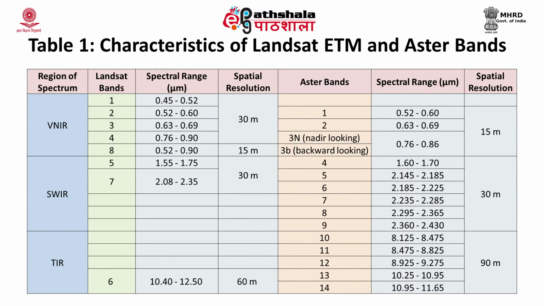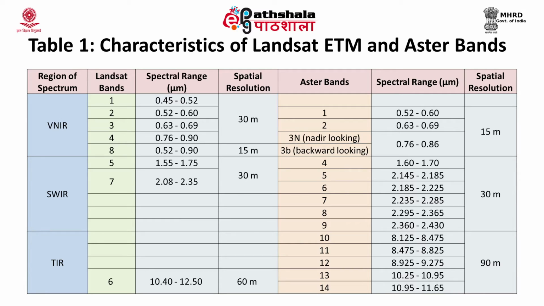Like if you look at the water, the reflectance will be only in the visible spectrum region, and if you look at the mineral having an ALOH compound, the reflectance will be high in the visible and VNIR, and if you look at the SWIR, that is short wave infrared region, there you have less reflectance. Similarly, you can see for the different regions the behavior of these minerals will be different. So, it will help us to identify those minerals using these spectral images.